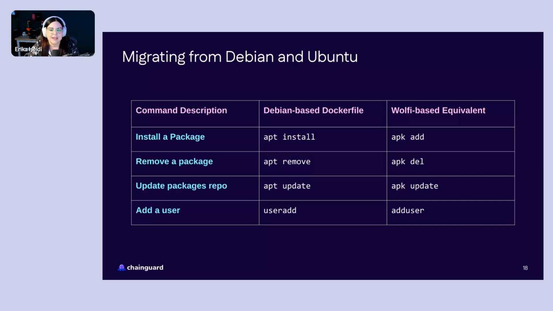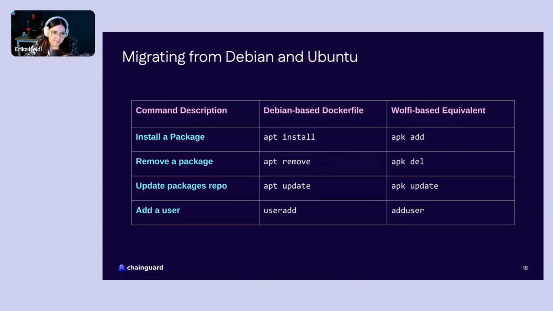Then we have apt update, apk update, and useradd, adduser. So there are some differences in the BusyBox compilation for Wolfi from Alpine also sometimes. But these are the most common replacements that we have to do when we migrate to a Chainguard image from a Debian or Ubuntu base image.